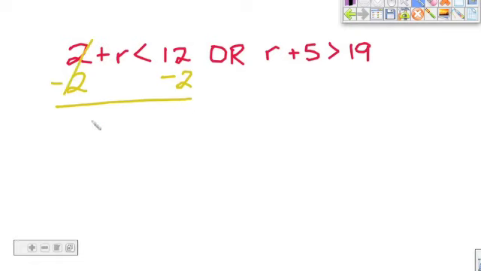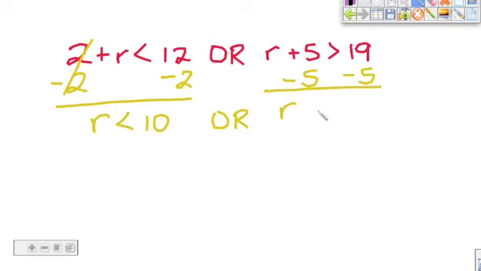The 2's cancel. My r drops down. 12 take away 2 is going to give me 10. Or, on this side, to get the variable by itself, take the inverse of a +5, make it a -5. R falls down, and I get 19 take away 5 is 14.